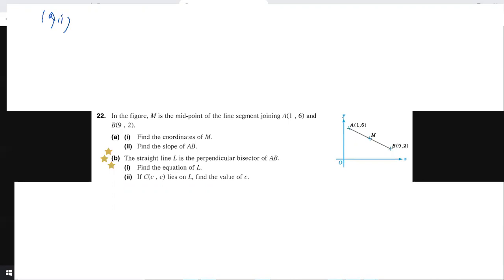And then adding their y coordinates together and then divided by 2. Okay, so the coordinates of M will be calculated like this.